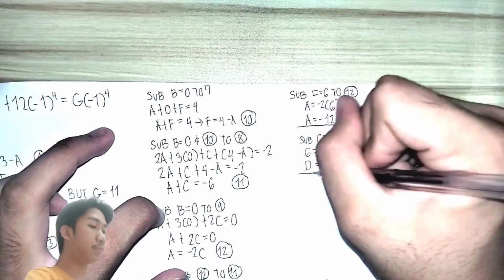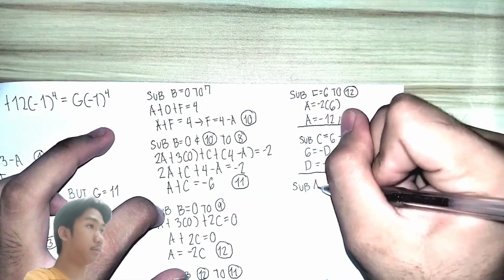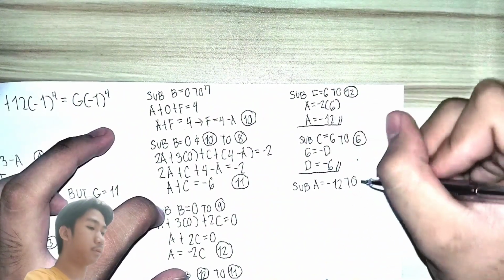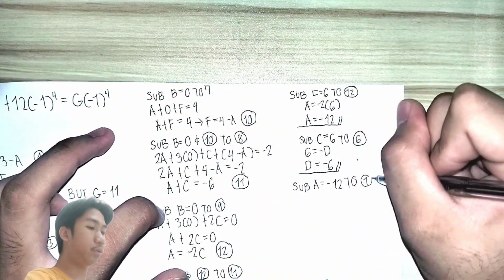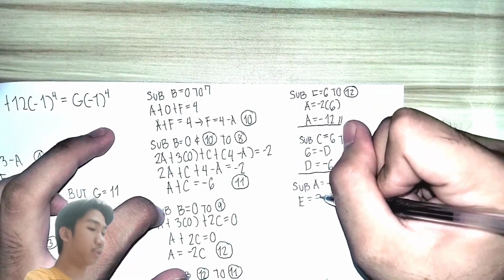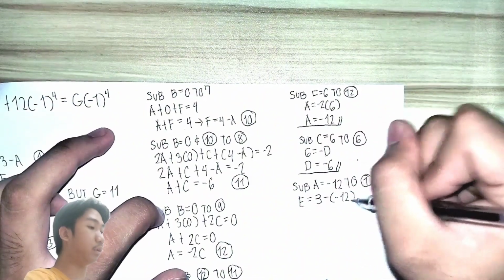Next is we substitute the value of A to equation 1. E is equal to 3 minus 12. E is now equal to 15.